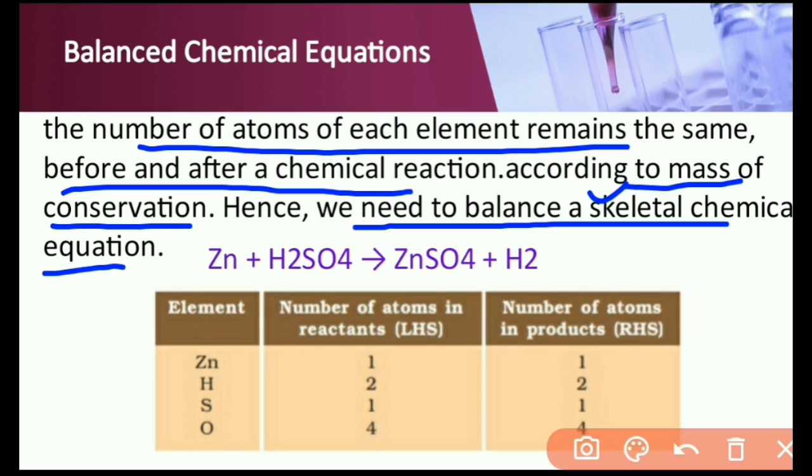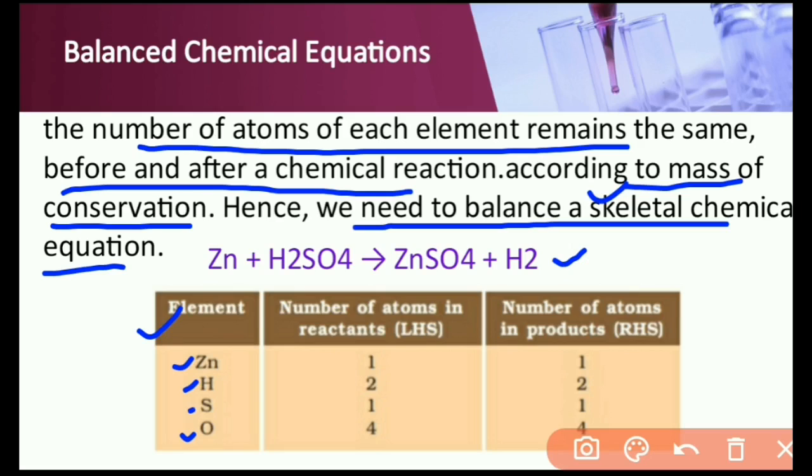See in this chemical equation, check whether the number of atoms is equal or not. First, list the elements on both sides. Here in this equation, zinc, hydrogen, sulfur and oxygen atoms are present. So check whether the number of atoms on both sides is equal or not.